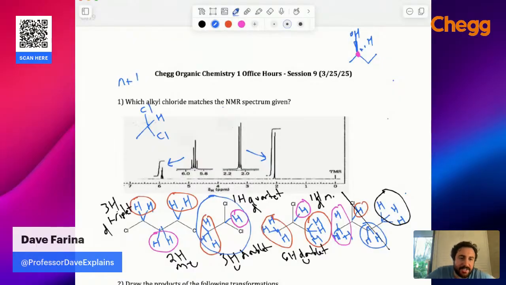Val asks, how to identify what is a strong nucleophile and what's a strong base? I know they're related, but I don't know how or why. So yes, obviously basicity parallels nucleophilicity. So things that are good nucleophiles tend to be things that have formal negative charges, or at least lone pairs. And those are things that can pick up a proton in an acid-base reaction.